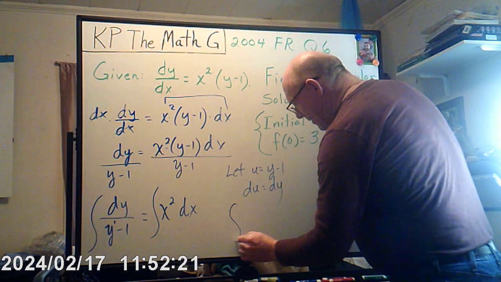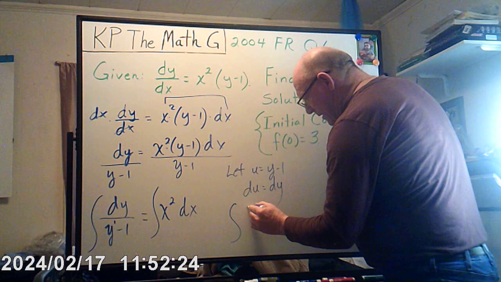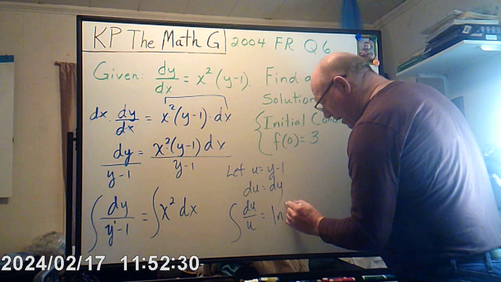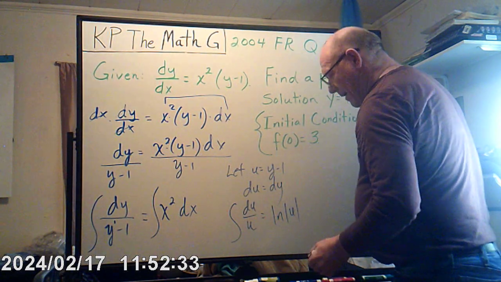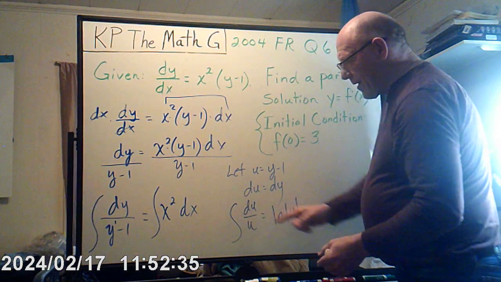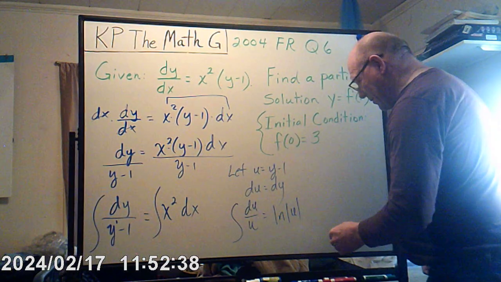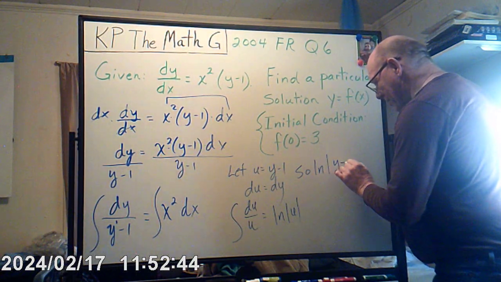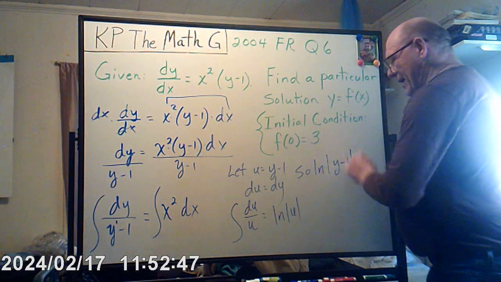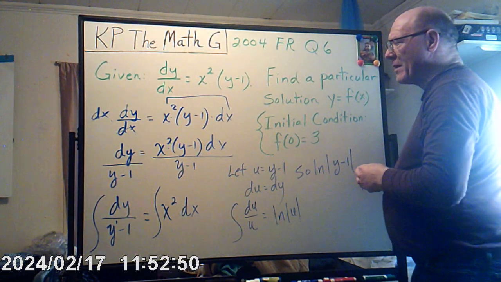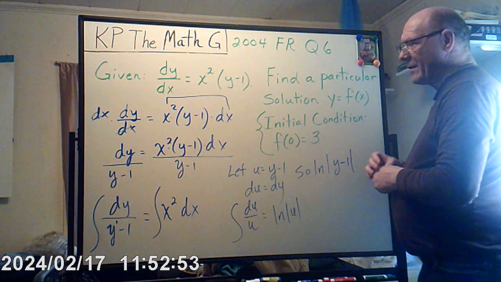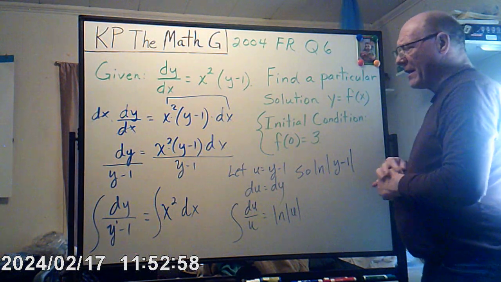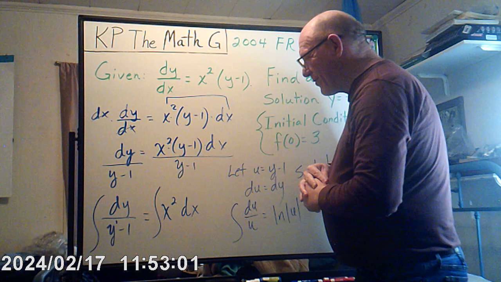And what we would have is du over u, which is ln of u, plus c of course, but u is y minus 1, so ln of y minus 1, using the absolute value bars for this, but I think it's safe to not have them, and I studied the reason why it's safe not to have them.